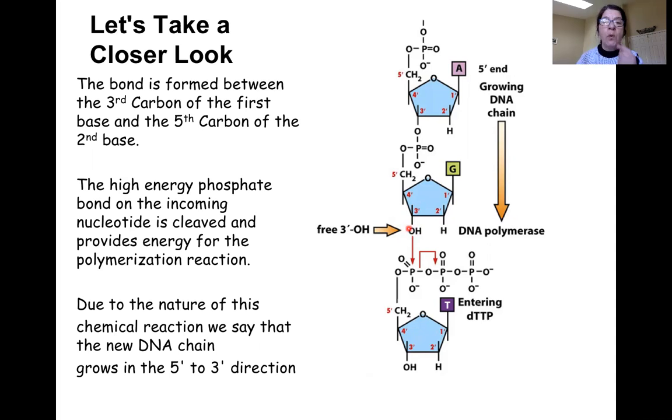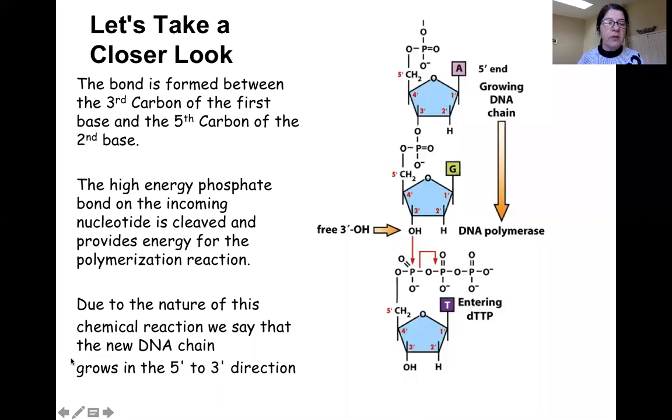right? So synthesis always occurs, we say it occurs from 5' to 3'. Why? Because the last nucleotide in a growing chain has a 3' hydroxyl group. So the hydroxyl group is attached to the 3rd carbon of the sugar, and it's going to form a phosphodiester bond with an incoming nucleotide, specifically with the phosphate group that is attached to the 5th carbon, and so on.